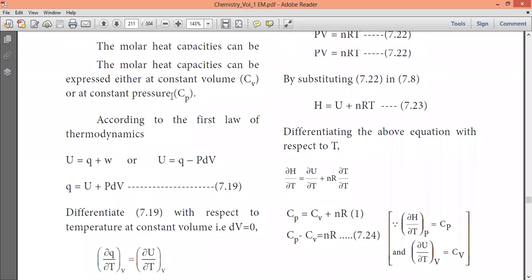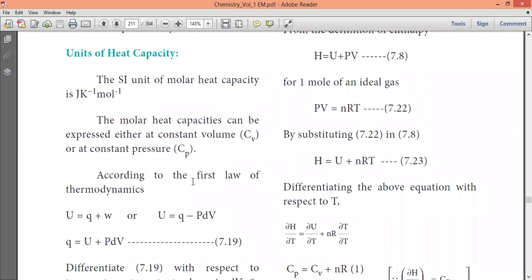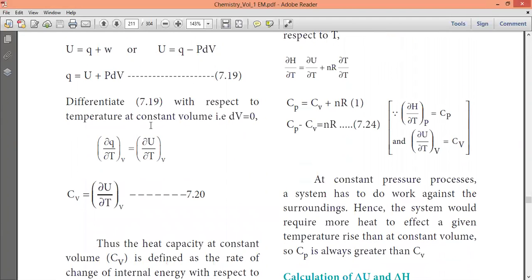Here, for the heat capacity, if we take U equal to Q plus W, and in the place of W we replace it with minus P dV, we finally get Q equal to U plus P dV. From that we have to integrate it.